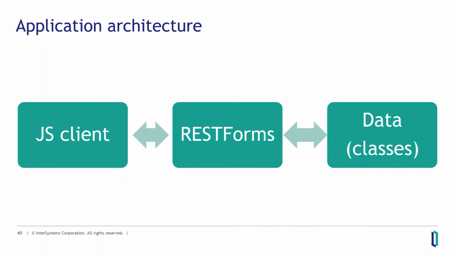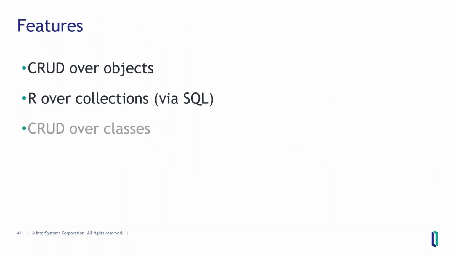It does all required conversions and provides clients a unified interface for access to all data classes. So what is available? There is CRUD for objects, querying for collections translated into SQL, and CRUD for classes.